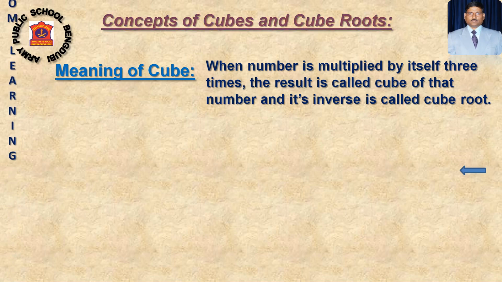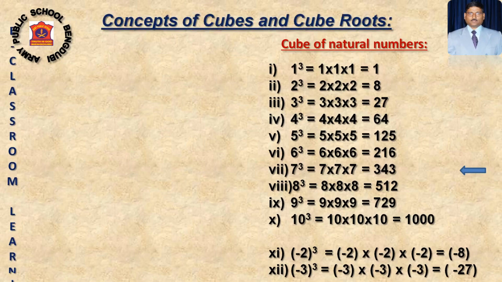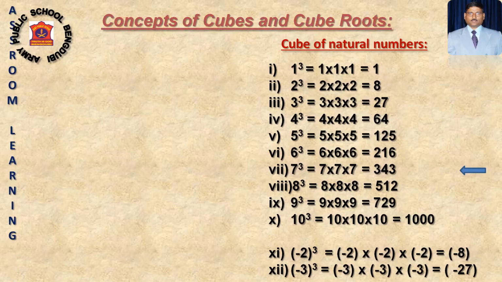Now next, while studying cubes and cube roots, certain things we have to remember. This is very important. When we solved square and square root, we had to learn the table of squares from 1 to 30.